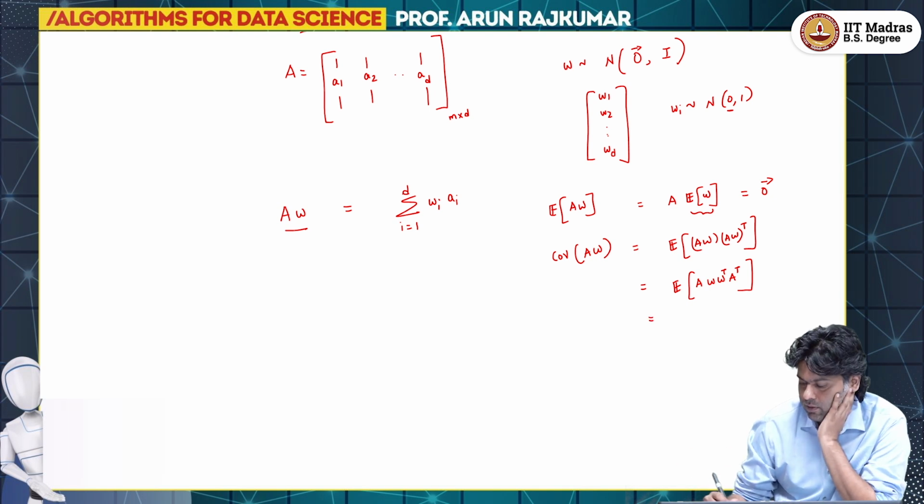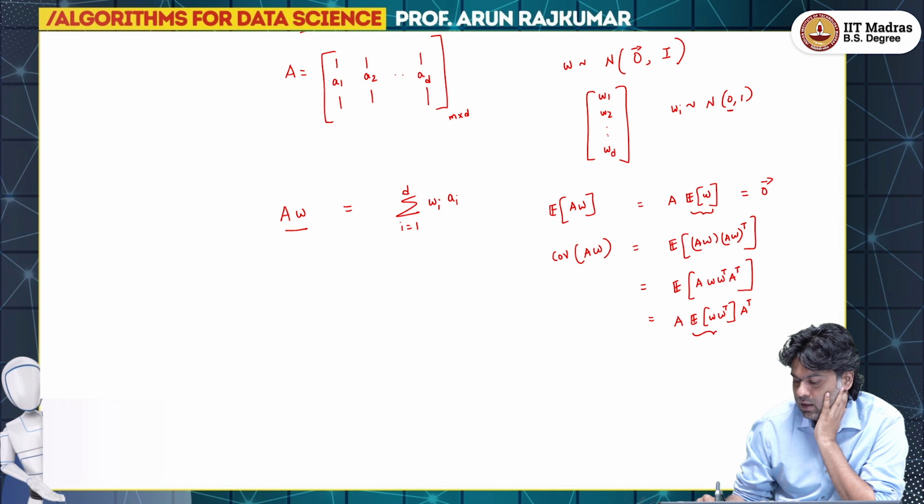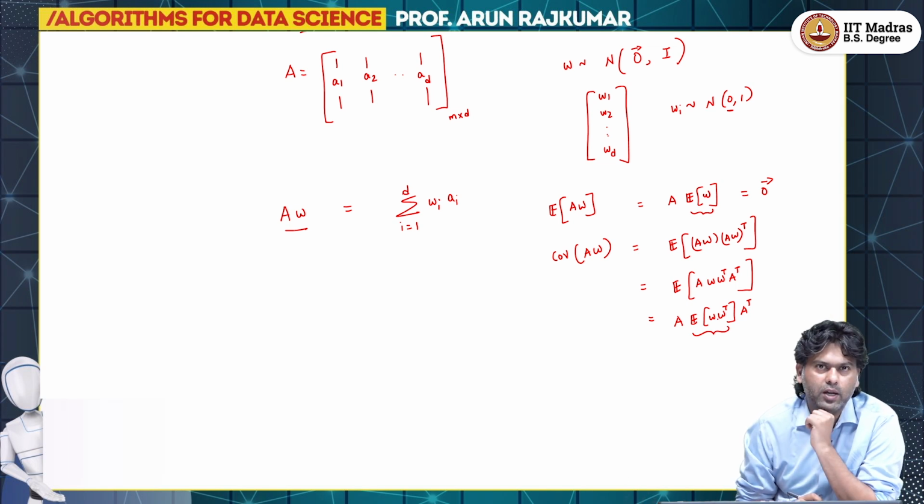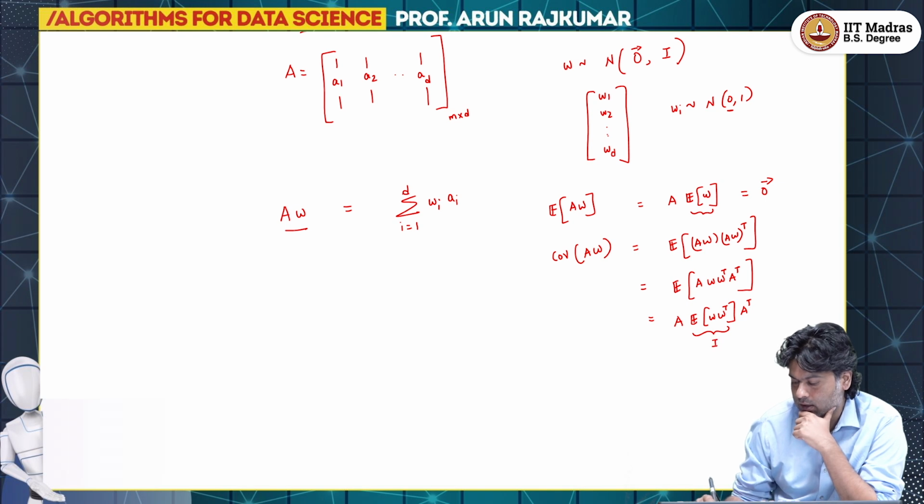Again, because of linearity, I can pull these out. This is nothing but the covariance matrix of omega itself, which is identity, because that's how we are generating omega. So this is just A A transpose.